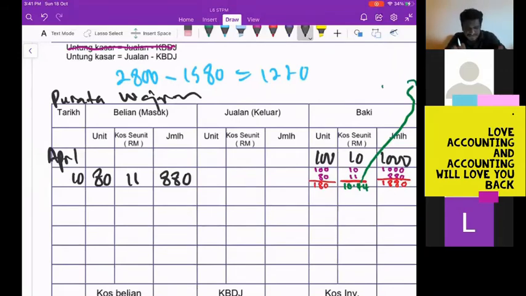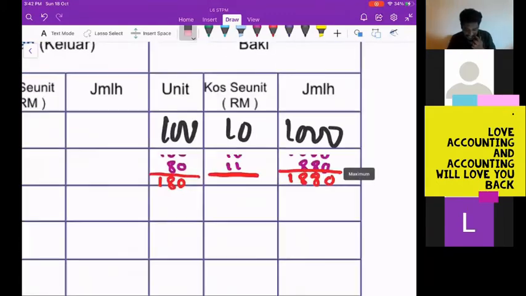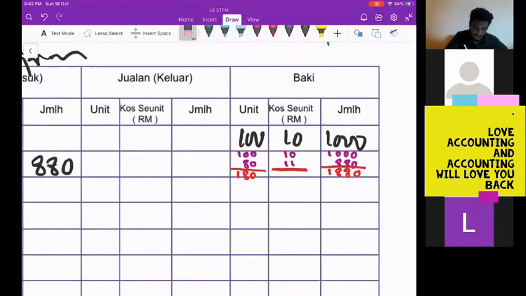Bila kita jual? Kita jual pada 18. So can you repeat one more time? Yeah, can. Until here, okay, ready. So now, for Kaedah Purata Wajaran, every time you beli, after you beli, you calculate the baki.